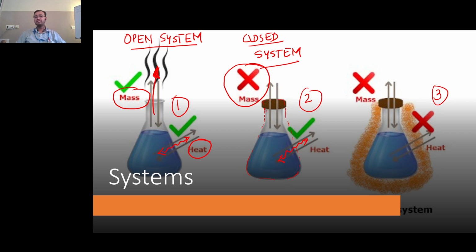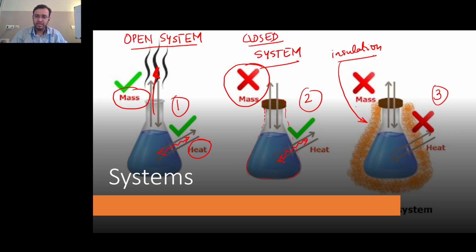Okay, now in this next example, what we do is we add a layer of insulation. We add this orange color insulation to the surroundings of this closed flask. We wrap this entire flask in a thick layer of insulation. Now what's the insulation going to do? It's going to prevent the transfer of heat either from outside to inside or inside to outside.